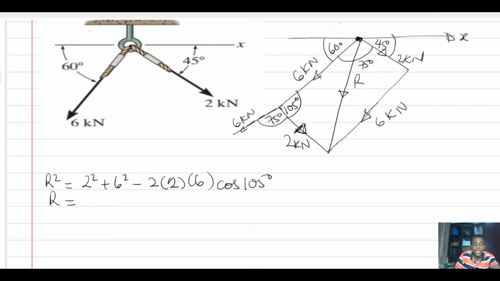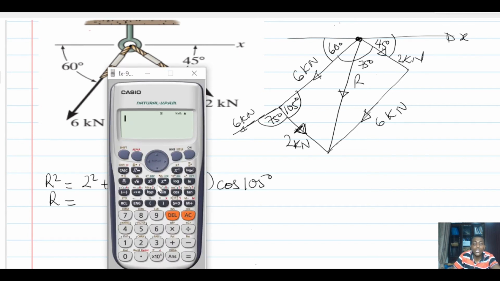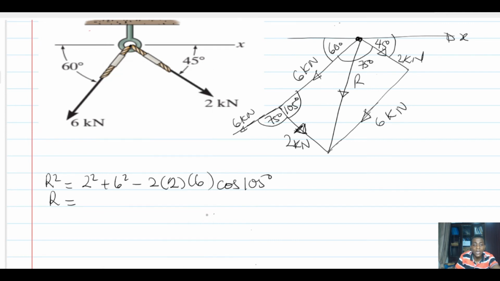And so my resultant R is going to be the square root of 2 squared plus 6 squared minus 2 times 2 times 6 cosine 105. Now I'm going to get 6.7979, so let's say 6.80. So R is 6.80 kilonewtons.